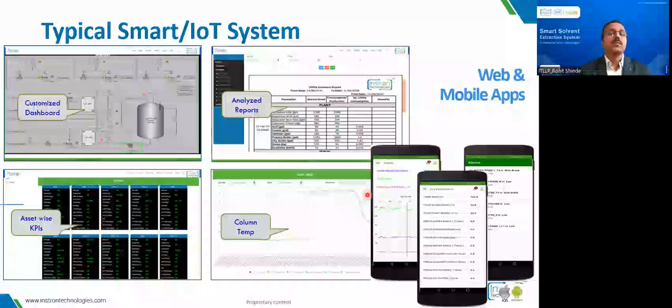Again, when I was explaining the smart feature, how you can reduce the downtime, there are some KPIs. During the start of the plant, based on the critical equipment or instruments, we enter the data. For example, the heat exchanger needs cleaning in between, and calibration of the instruments is required. It should be done from time to time. Otherwise, there are chances of batch rejection.